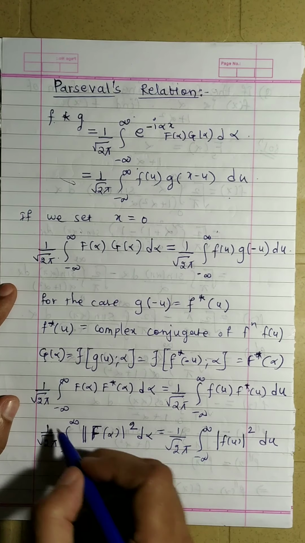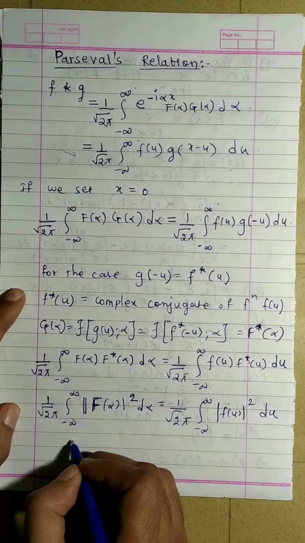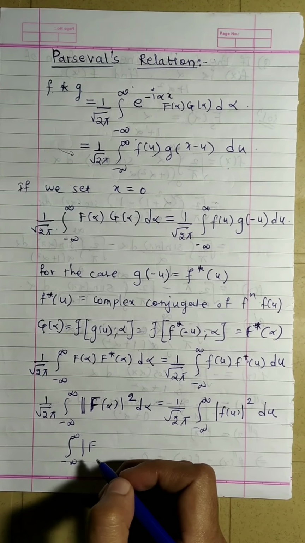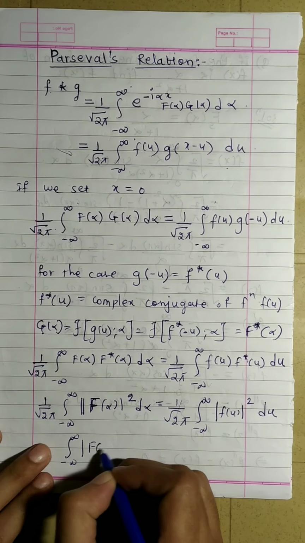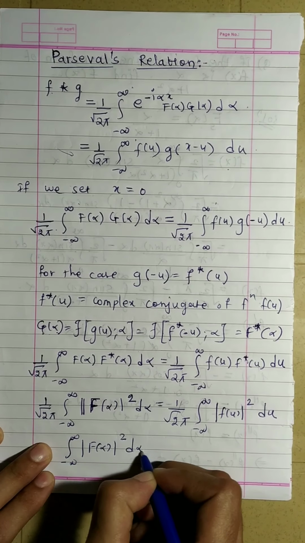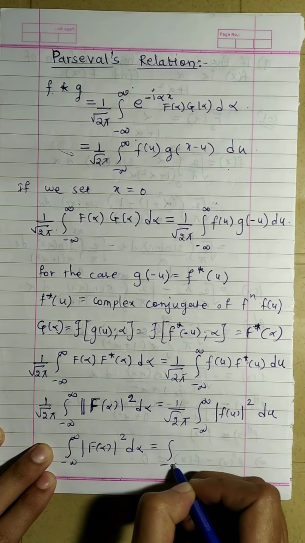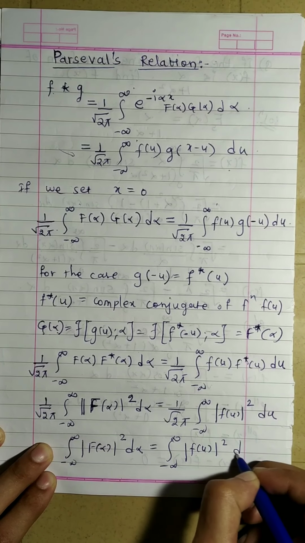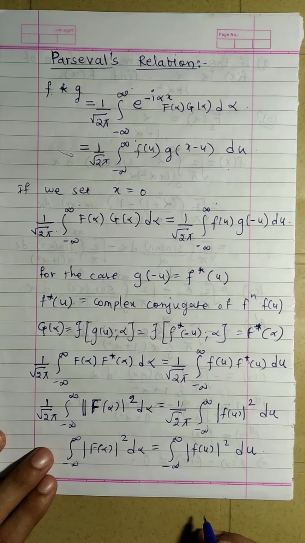This will get cancelled and we will be left with integral from minus infinity to infinity mod of f of alpha the whole square d alpha equal to integral from minus infinity to infinity mod of f of u square du.